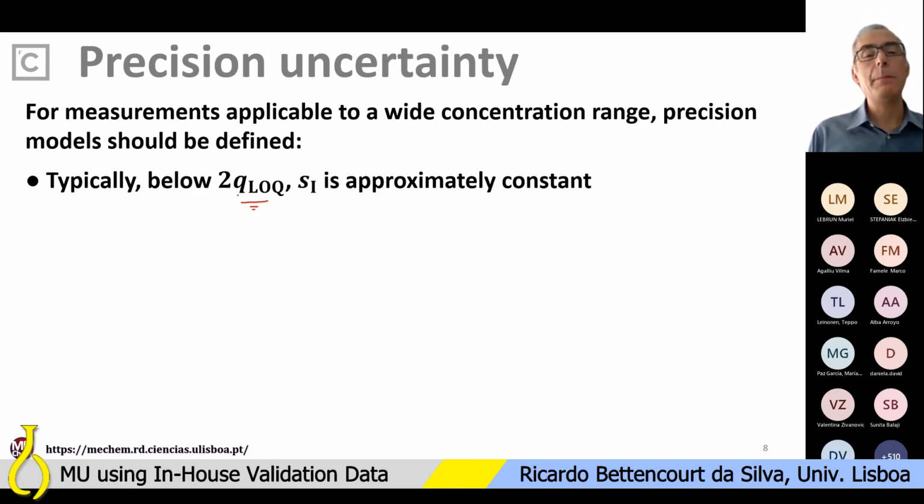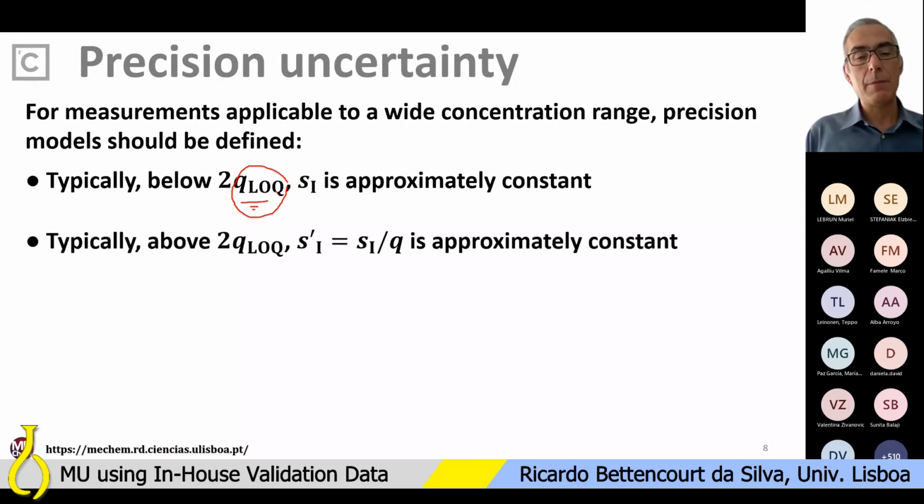Okay, we know that typically below 2 times the limit of quantification, a notation here for limit of quantification is this one: Q for quantity, LOQ for limit of quantification. Typically below this 2 times this limit, the precision standard deviation is approximately constant in an absolute way. And we know that above 2 times the limit of quantification, typically the precision is constant in a relative way, as a relative precision standard deviation.